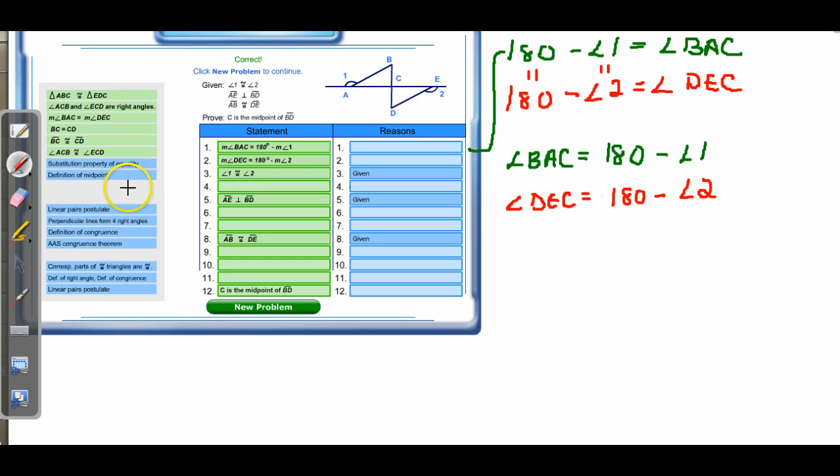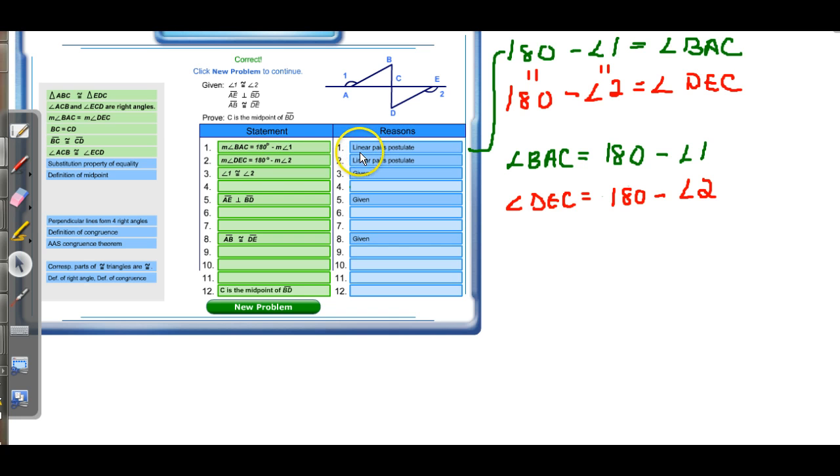Well, let's look over here. They're calling it the linear pairs postulate, and that's for both of these, obviously. It's saying the same thing, they're just giving it a fancy title.